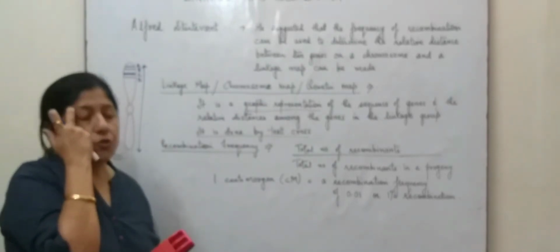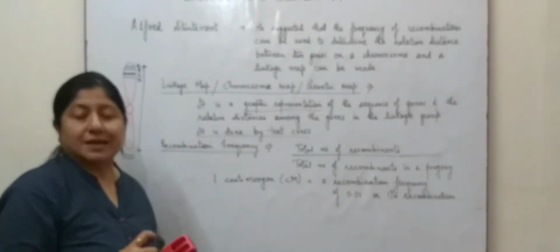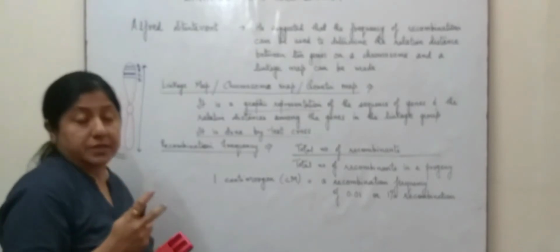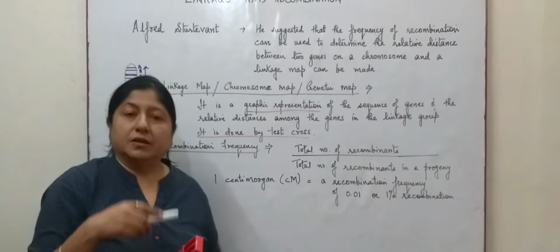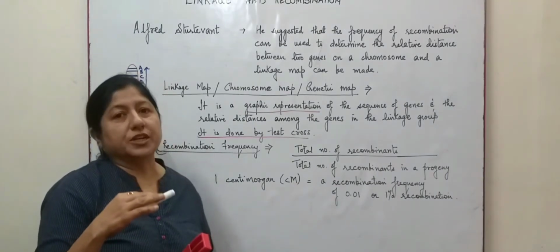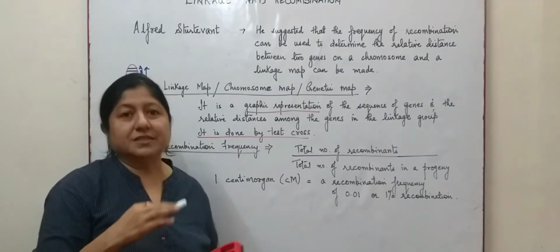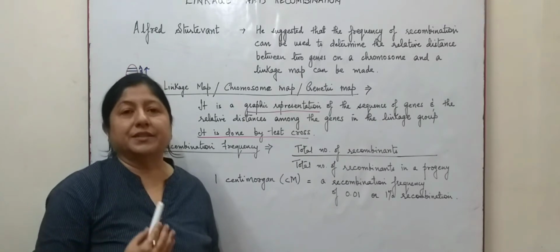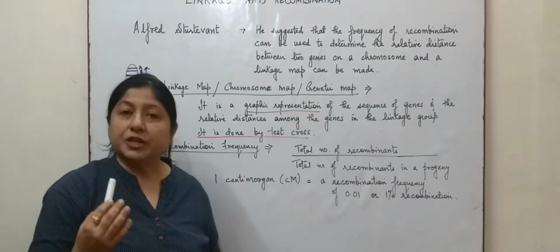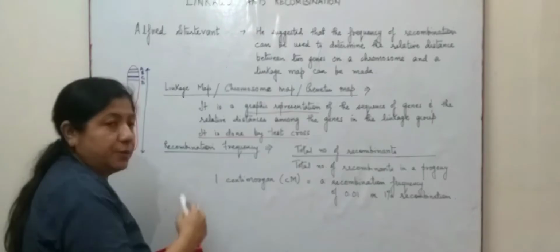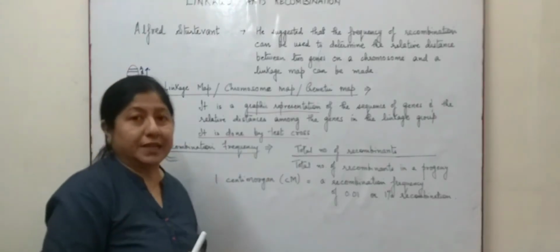Now this chromosome map or genetic map is very useful because it forms a basis to conduct genetic studies, that is the variations and the pattern of inheritance. Also, it is used in genetic engineering, that is gene manipulation, which we'll be talking about later.